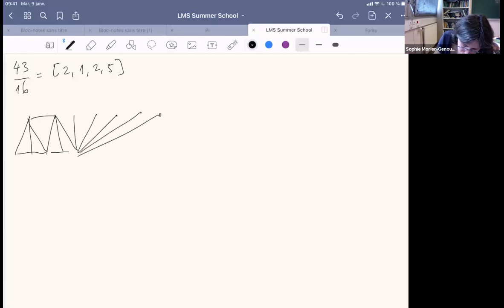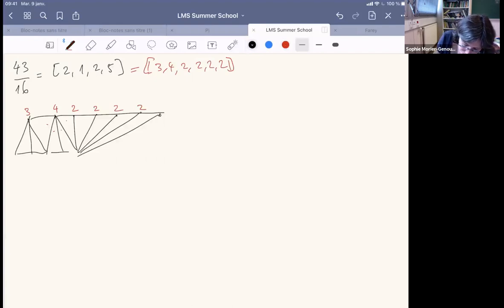And then to get the negative expansion, it's quite fast. You count. So I count 3, in red, to be consistent. So here you count 3, here you count 1, 2, 3, 4, 2, 2, 2, 2. So that's the answer. And it's very fast to convert the regular to the negative.